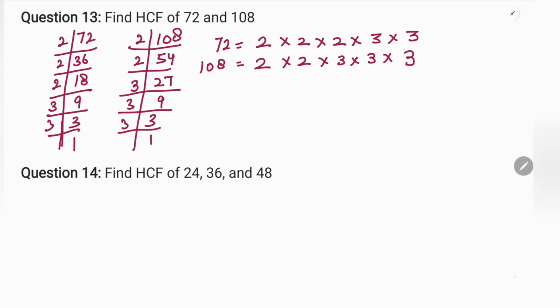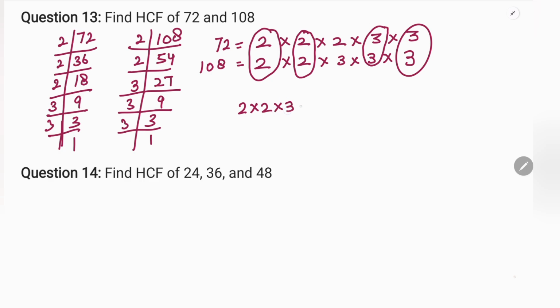Now what are the common factors? 2, 2, 3, right? And 3, right? So I will just multiply all the common factors: 2 times 2 times 3 times 3. So 2 times 2 is 4, 4 times 3 is 12, 12 times 3 is 36.